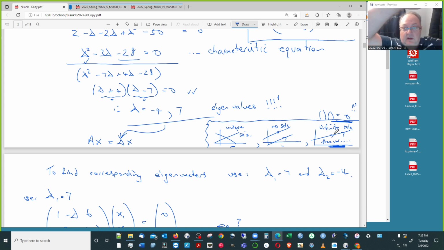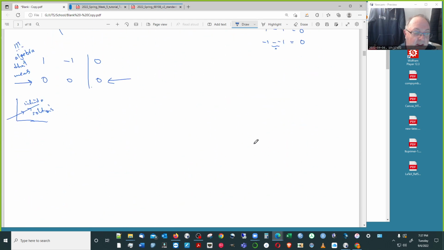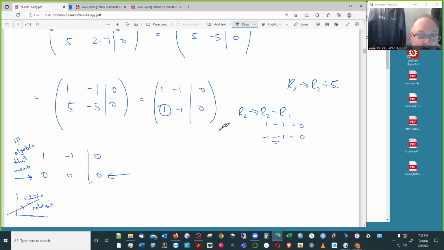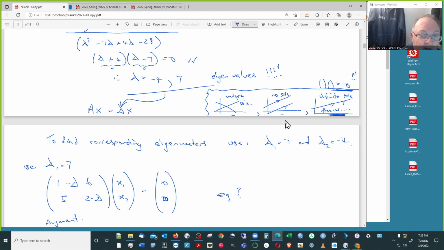Sorry, I just bumped my camera there. That's the geometric interpretation. Okay, but the algebraic interpretation is that we will get a row of zeros in the bottom row. So after we do all our row operations, a result will be that we will get 0, 0, 0. So that begs the question, what's the algebra of these other guys? So what we would get here in our matrix is 0, 0, 1.